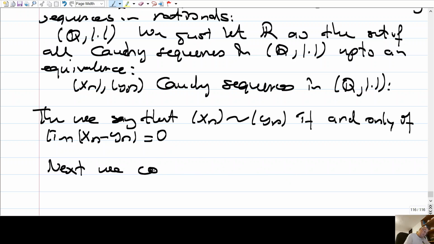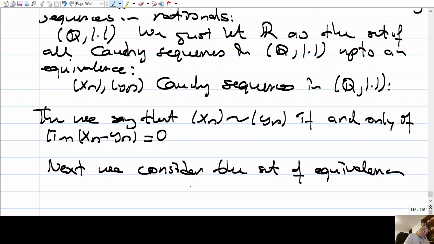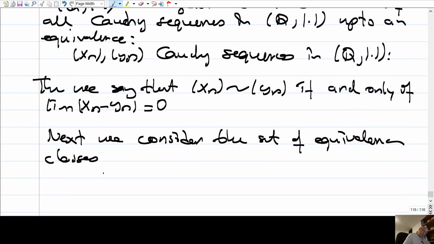We consider the set of equivalence classes of these sequences. So I consider all Cauchy sequences.